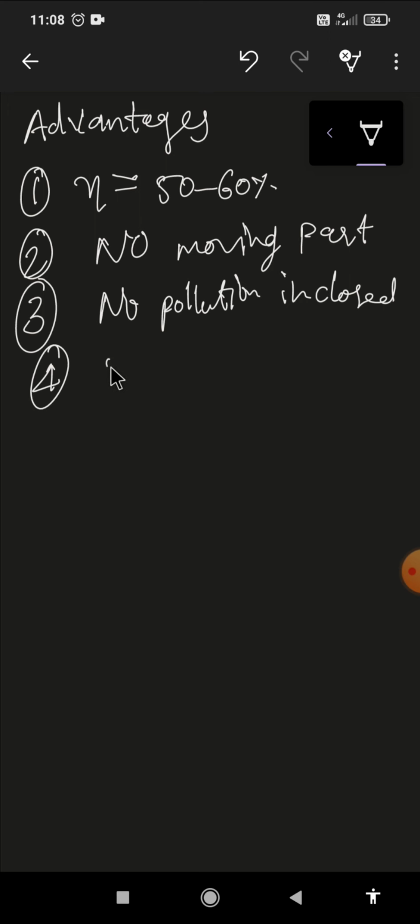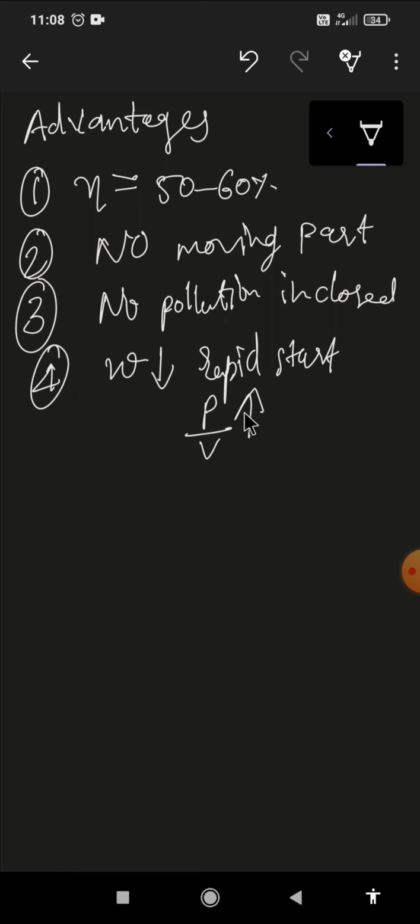So the specific weight is low, so it will result in rapid start, high power density, so P by V is high, and compact. Then the fifth point is that all kinds of heat resources such as coal, oil, gas, solar, nuclear can be used with the MHD generators.